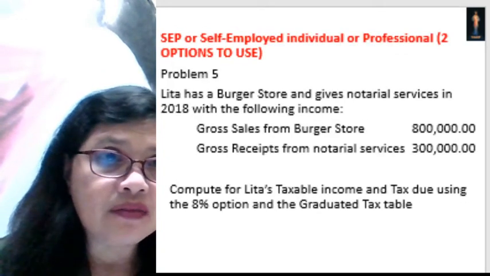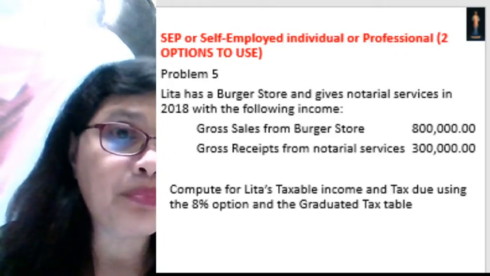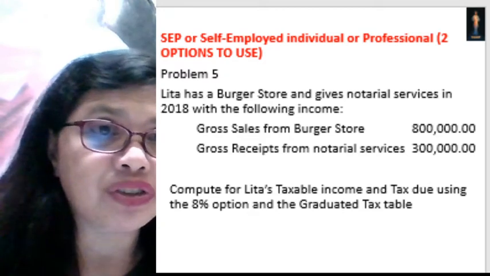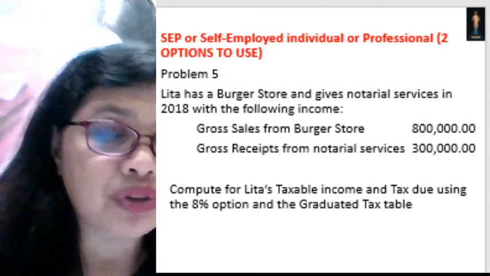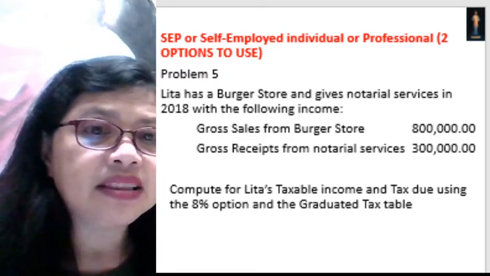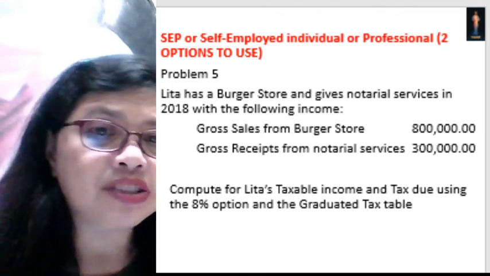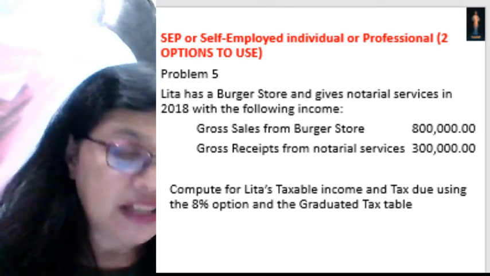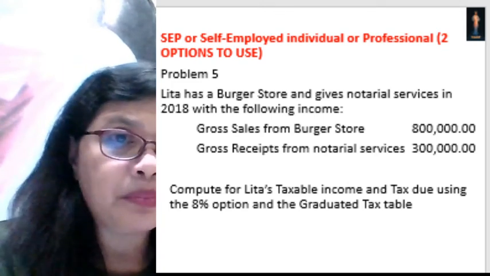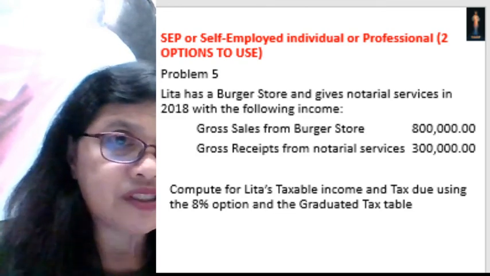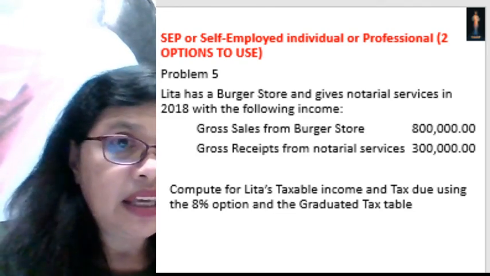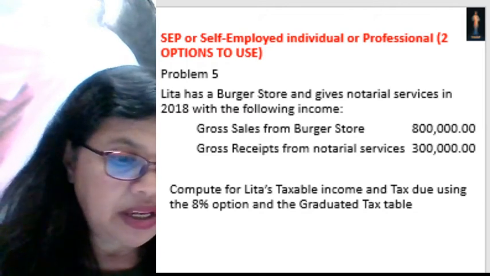Okay, then we have SEP, or self-employed individual or professional. You have two options to use: the 8% tax rate or the graduated tax table. It says here that Lita has a burger store and gives notarial services in 2018 with the following income.